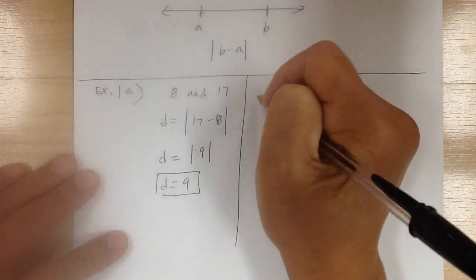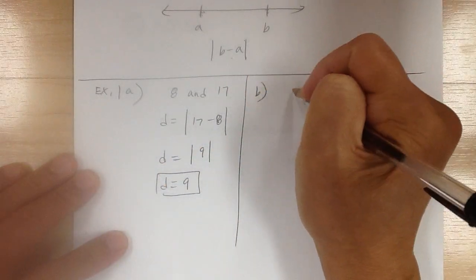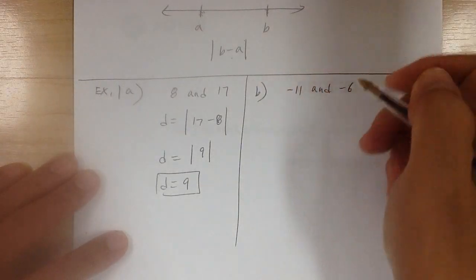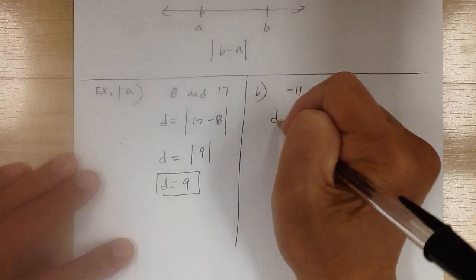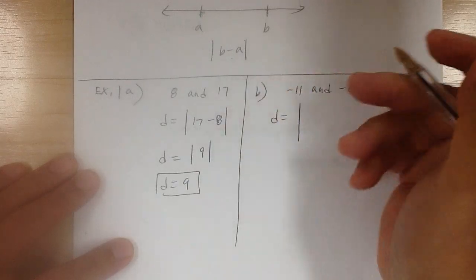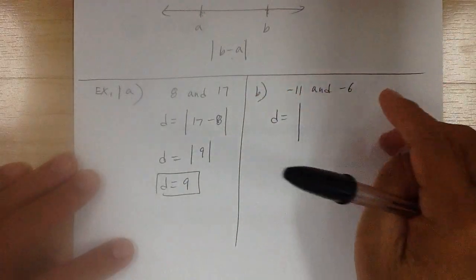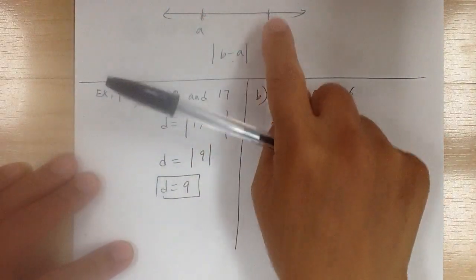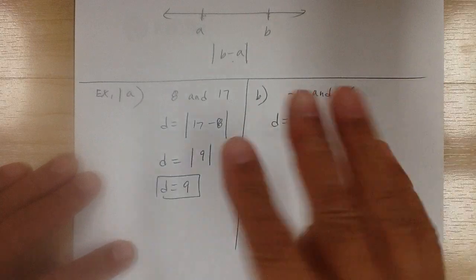And for B, you're looking for the distance between negative 11 and negative 6. Again, distance is the absolute value between the two points, so it doesn't matter which one you subtract. To find distance, you can go from here to here, or from here to here, so they're going to be the same.